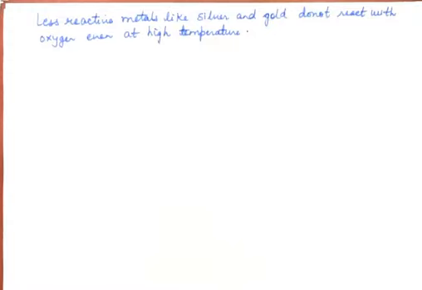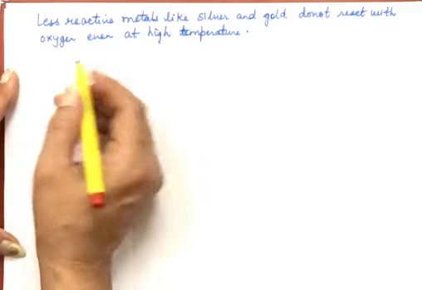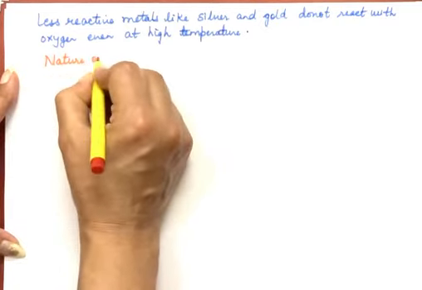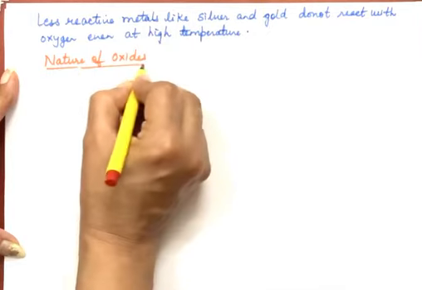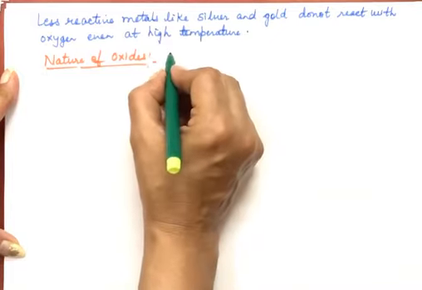After doing this property, that metals burn in air or with oxygen and form oxides, next we come to the nature of these oxides. Metal oxides that we get after burning in air, what is the nature of these oxides?